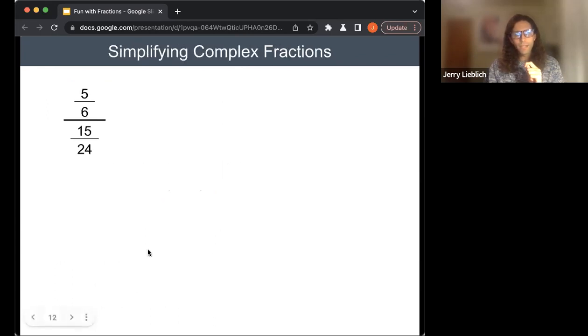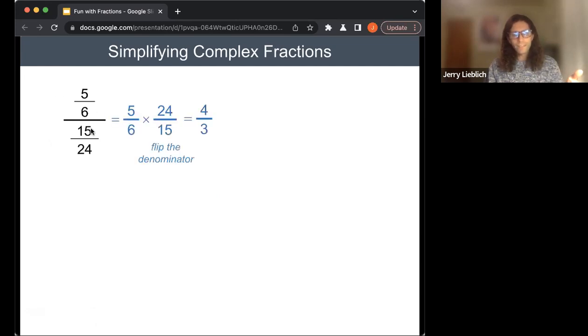If I've got a complex fraction like this, well, keep in mind that a fraction is just division. So I can just rewrite this as 5/6 divided by 15/24, or in other words, flip and multiply 5/6 times 24/15. I do my simplification, call this 3, call this 4, and what do you know? I've got 4/3.